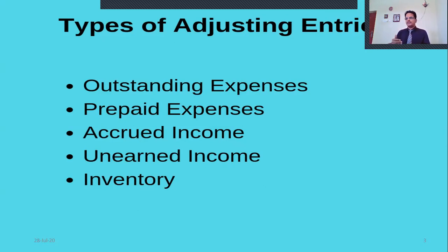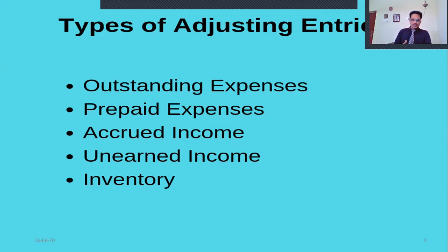Debit the expense and credit expense payable or accounts payable. In some books it may be accounts payable, but better to debit expense and credit expense payable. If salary is outstanding, debit salary and credit salary payable. If wages are outstanding, debit wages, credit wages payable.